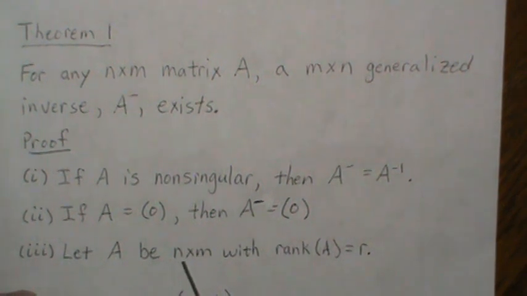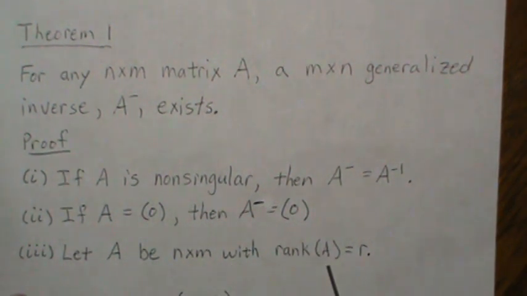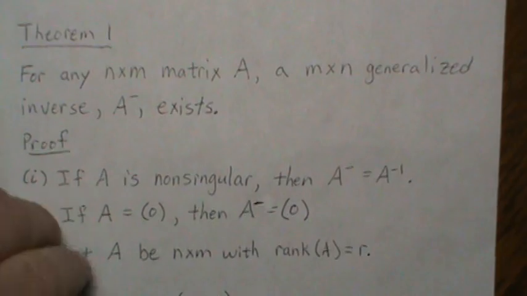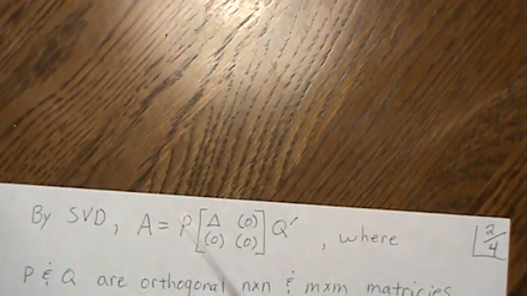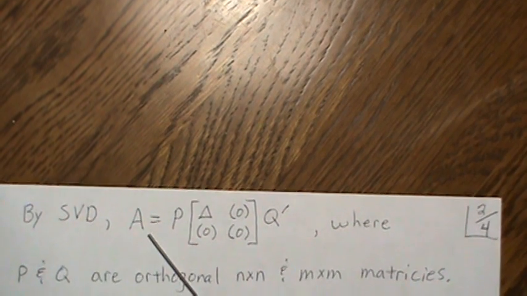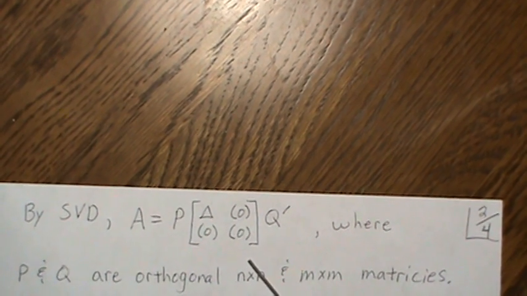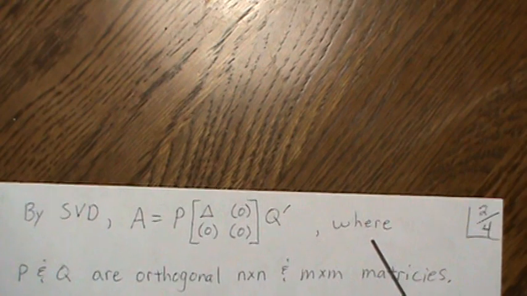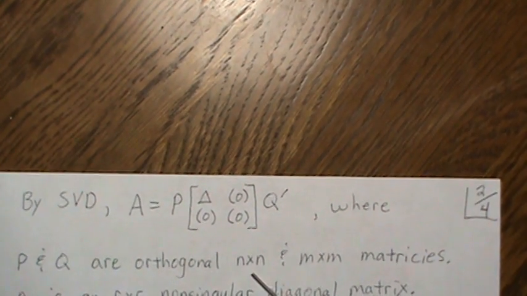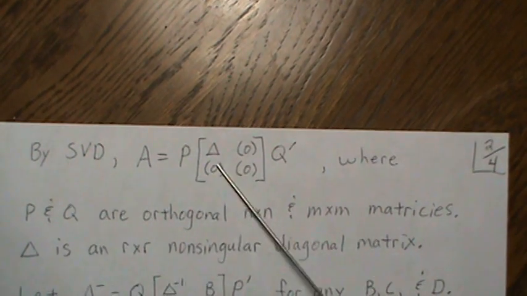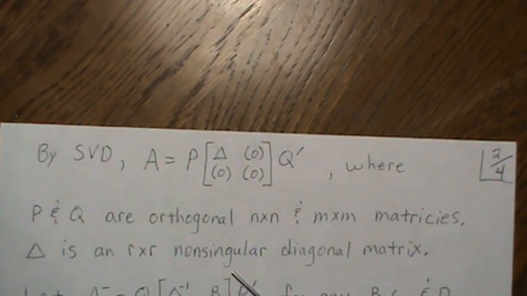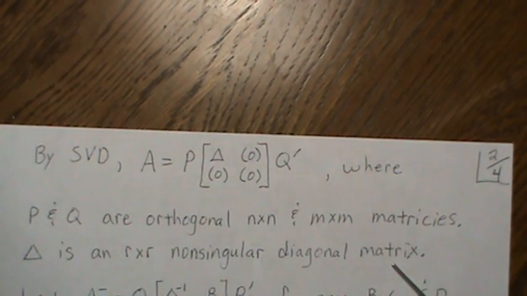Now let's let A be an n by m matrix with rank R. By the singular value decomposition theorem, A can be broken up into these three matrices, where P and Q are orthogonal, n by n and m by m matrices, and delta is an R by R non-singular diagonal matrix.